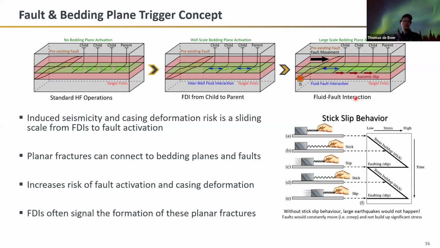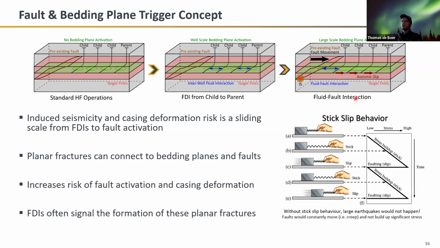So you can imagine, for example, if you have the interface between two layers or two formations, as you frack, if that plane starts to deform and the verticals of your wells pass through that plane, you will see deformation along that plane where it intersects with those wellbores.